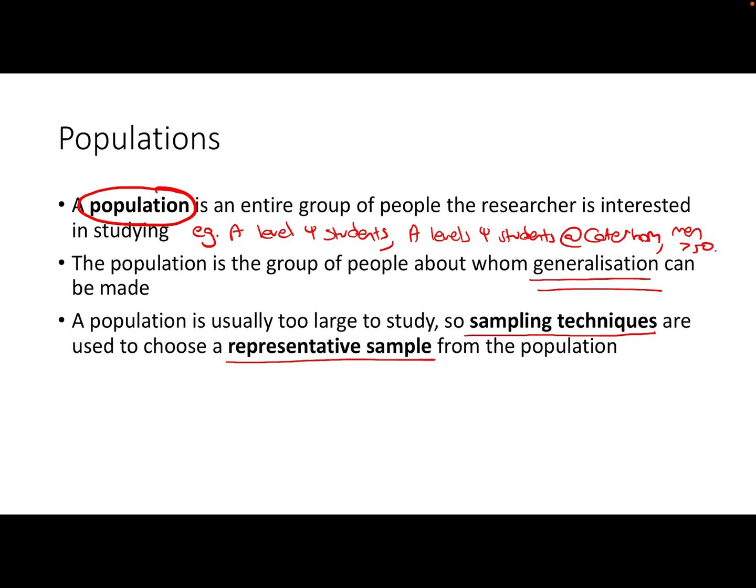And if they represent our population on these characteristics, then it generally means generalizations can be made. If our sample is too small or if it is not representative, then we're unlikely to be able to generalize our findings. So getting a representative sample is not as easy as it sounds, and we're going to be looking at the different techniques to do that in just a moment.